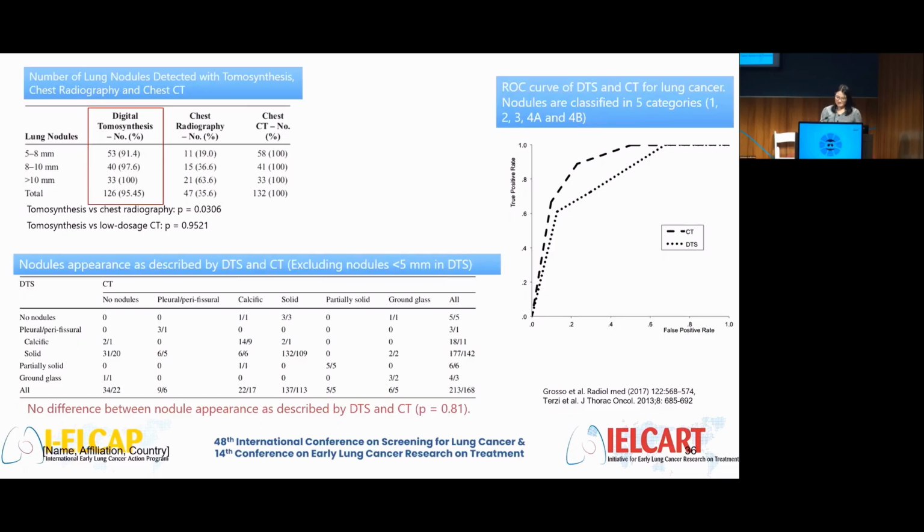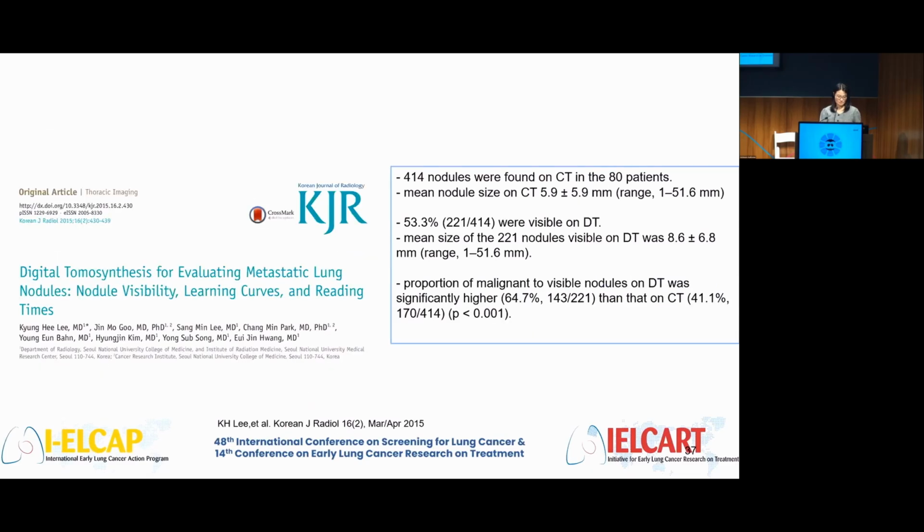When looking at the ROC curve to classify nodules according to Lung-RADS into 5 categories, DT has an ROC of 0.8 and CT 0.89. That's quite good.